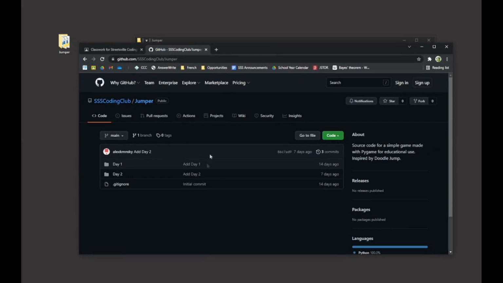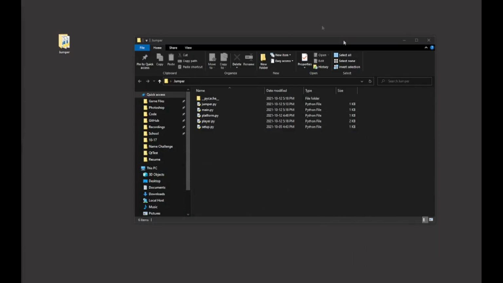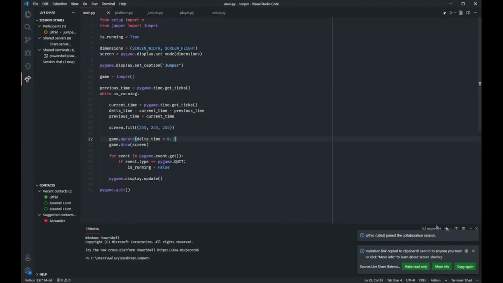So once you have your code, I'd like you guys to open it up, and I have it open here with my editor. I believe this is the one right here. Yep.